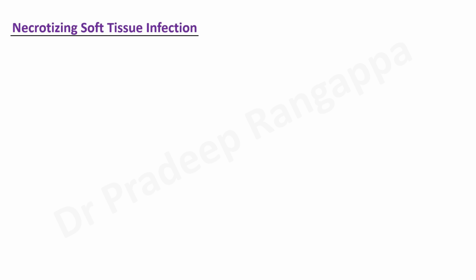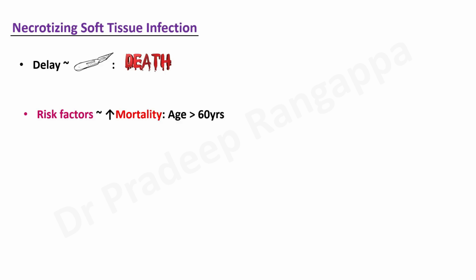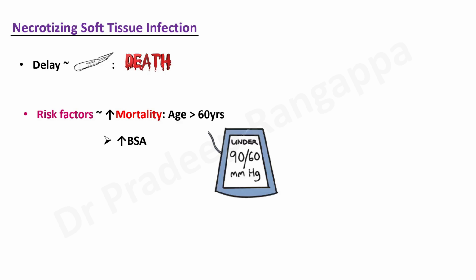And it is shown delay in the surgical intervention is directly proportional to the increase in the risk of death in these patients. The risk factors for necrotizing fasciitis: obviously, it is associated with increased mortality. Age more than 60 years is a risk factor for increased mortality. The greater the area of involvement of any leg or extending to abdomen, portends increased risk for death.